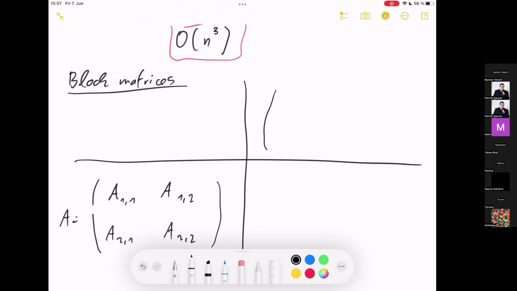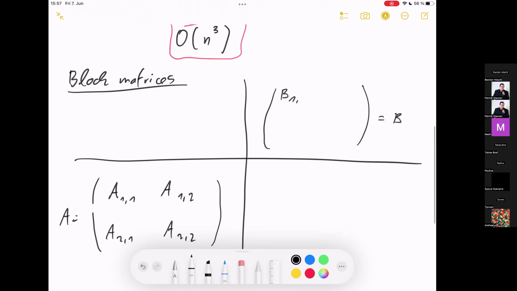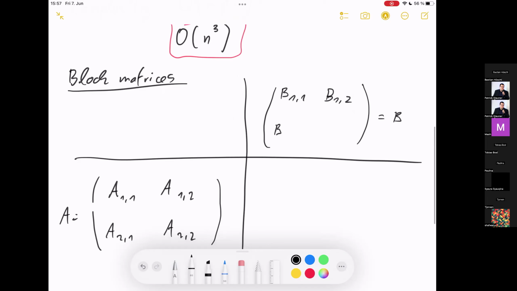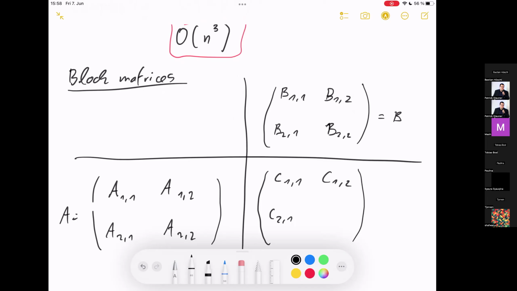And for our matrix B, we're doing the same. So B11, B12, B21, and B22. And our result C, that is the product of A and B, we also write C11, C12, C21, and C22.